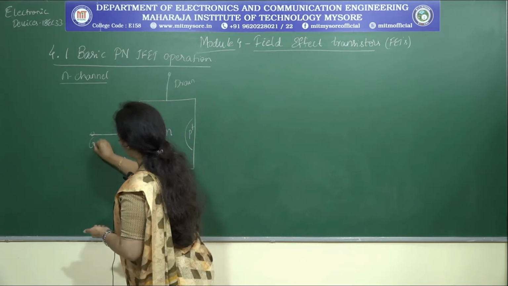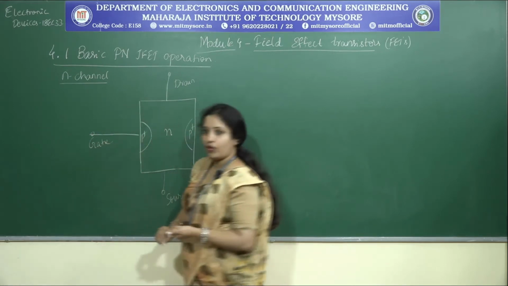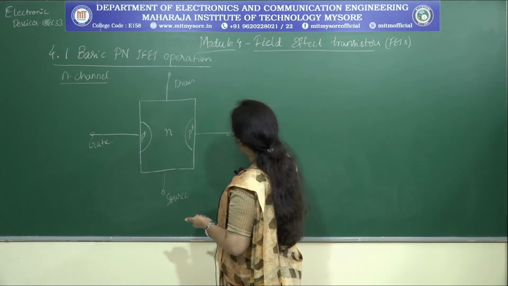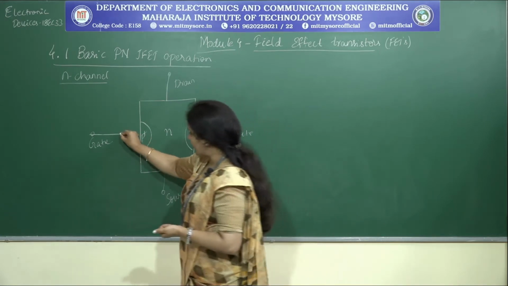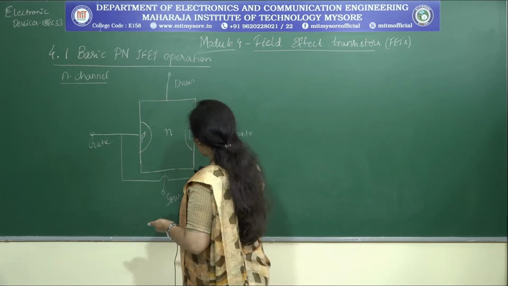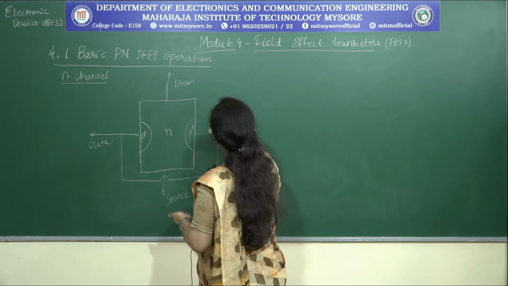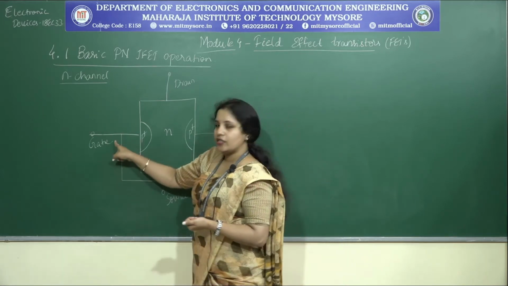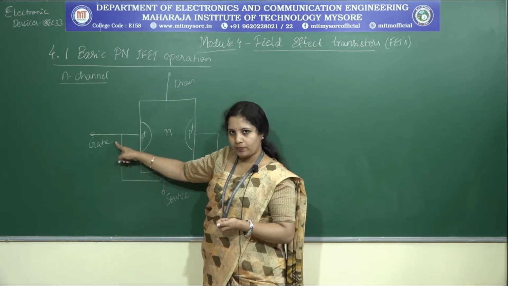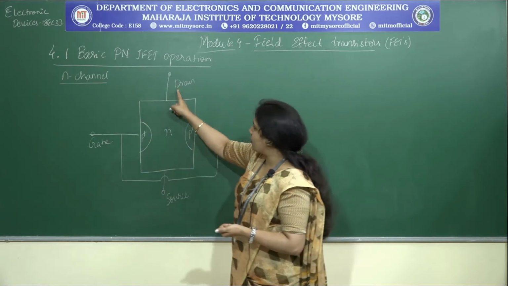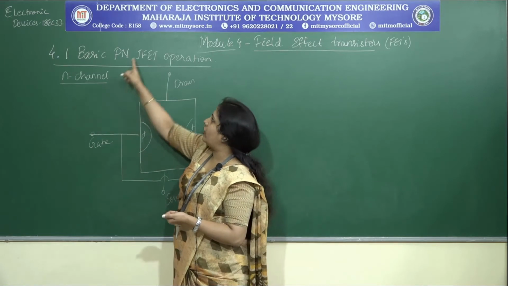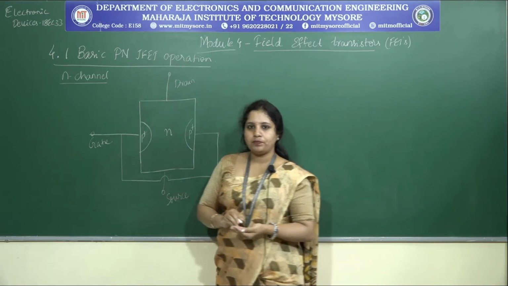This is the gate terminal that I have, and here also is a gate terminal. Instead of writing 2 terminals, they usually short both of them and represent it as a single gate terminal. So these are the three different terminals that we can find in an N channel PN junction FET.